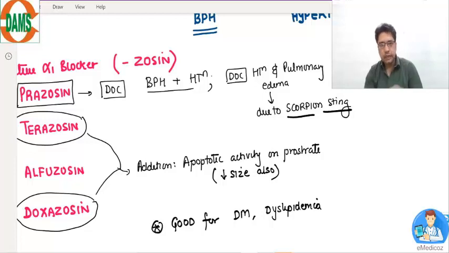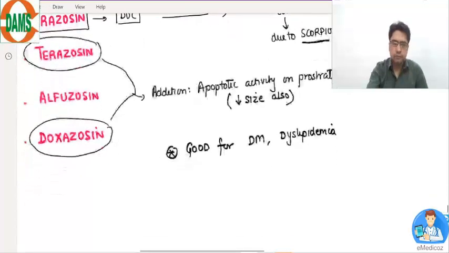Now let's talk about their side effects. Before coming to side effects, let's write alpha 1A blocker.